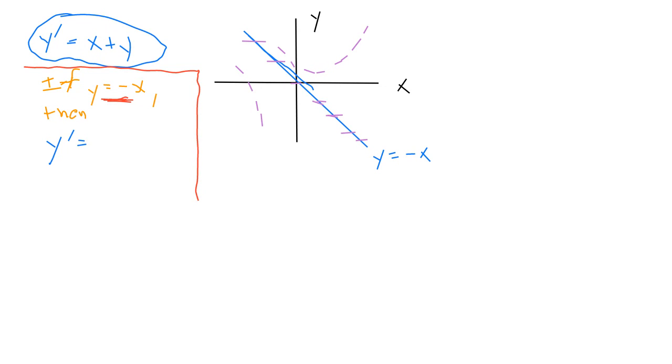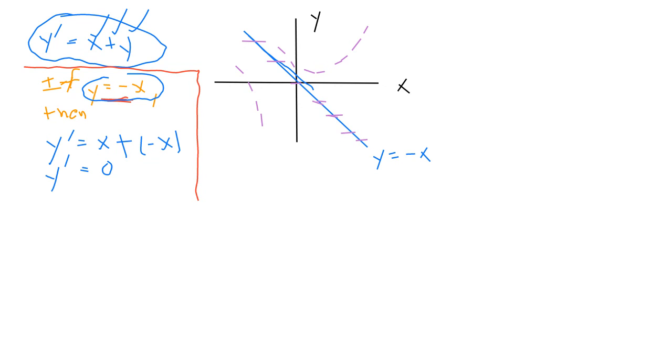When y equals negative x, y prime is going to equal x plus negative x, because what is y? y equals negative x. So x plus negative x is 0, y prime equals 0.